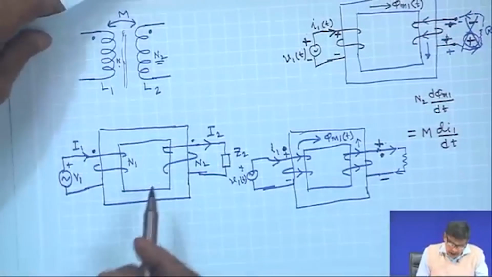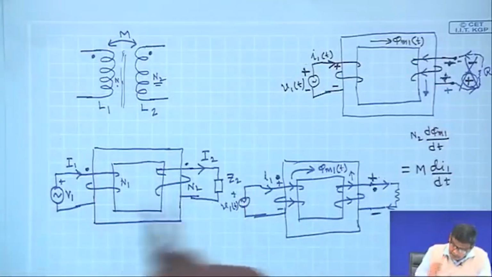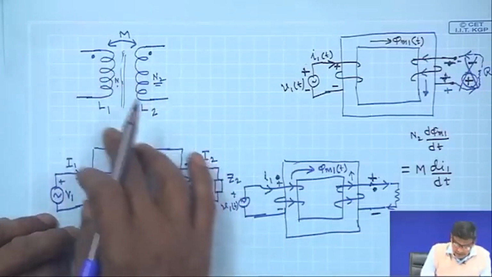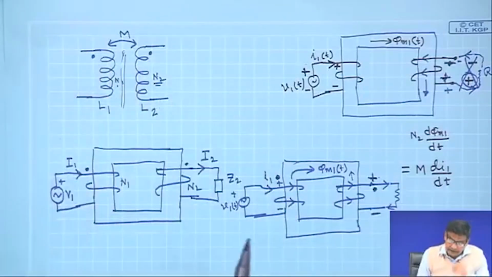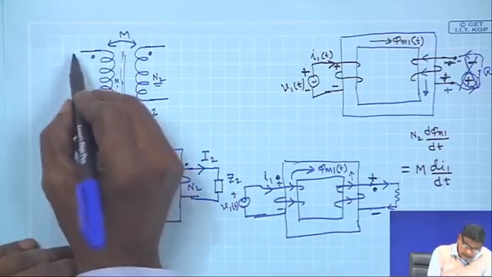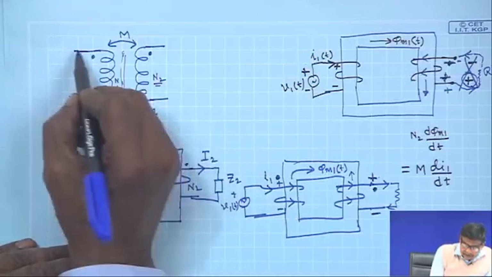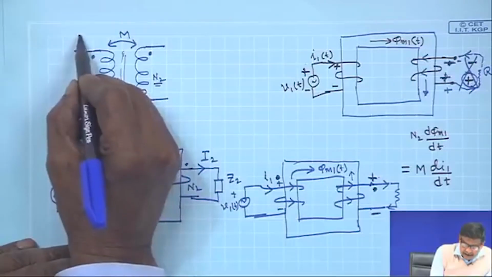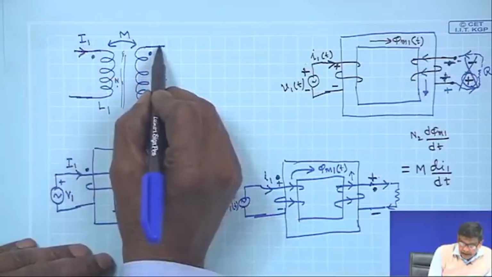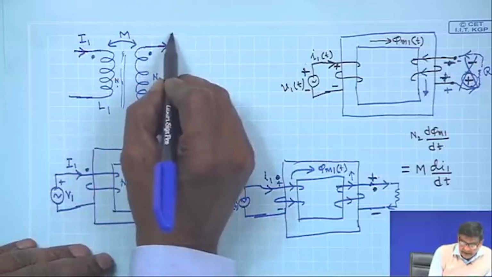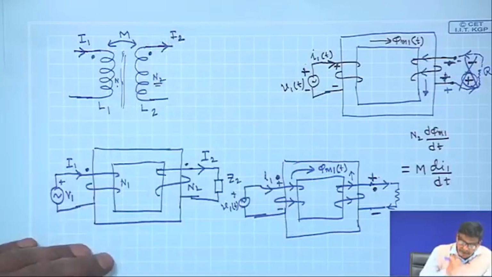Now, before I start that, in the light of self and mutual inductances, let us try to understand this. Suppose this is carrying a current I 1 and this is carrying a current I 2 like this.